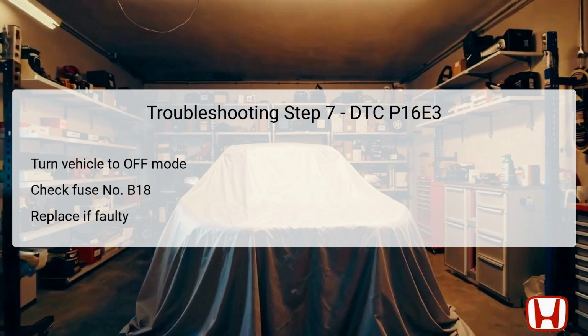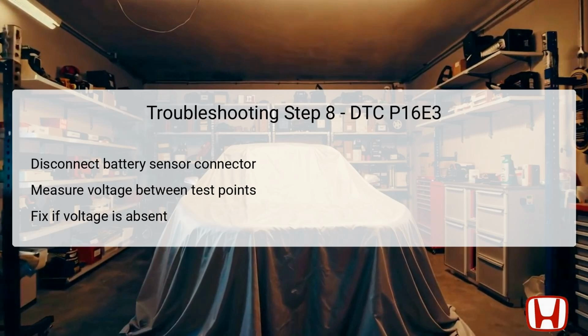If the fuse is found to be operational, you can confidently proceed to the next step in troubleshooting. However, if the fuse has failed, it indicates a potential short in the +B horn wire, which must be repaired, and the damaged fuse should be replaced with a new 10-amp fuse in order to restore proper electrical integrity.